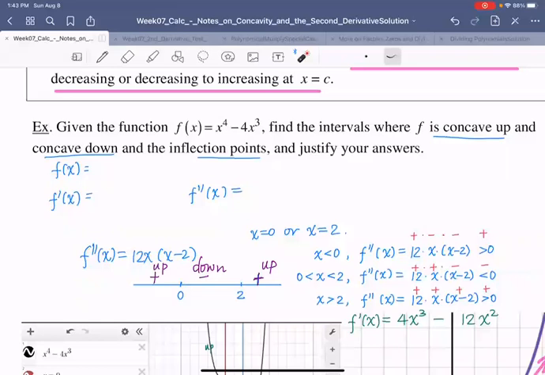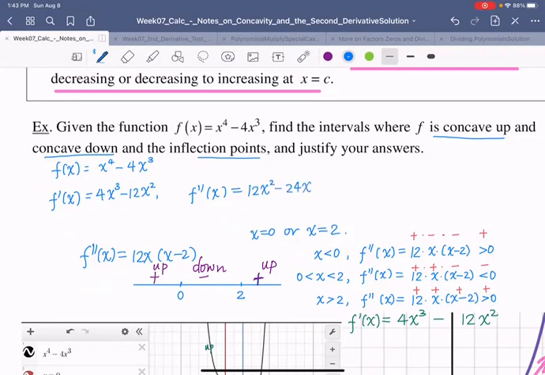Angela, have you finished your first derivative and second derivative? Okay, go ahead. First derivative is who? The first derivative is 4x cubed minus 12x squared. Okay. Second derivative will be? 12x squared minus 24x.